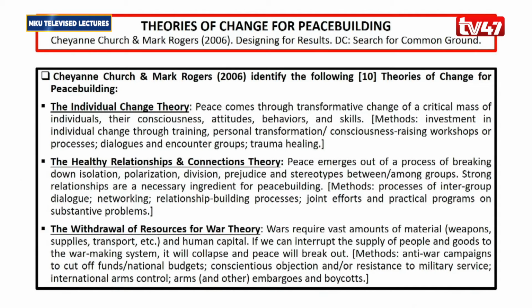And then the withdrawal of resources of war. Basically, that theory goes to explain that war actually takes resources, human resources, and even economic resources and material resources. So that then for us to be able to reduce war, then we have to cut the supply of those resources.